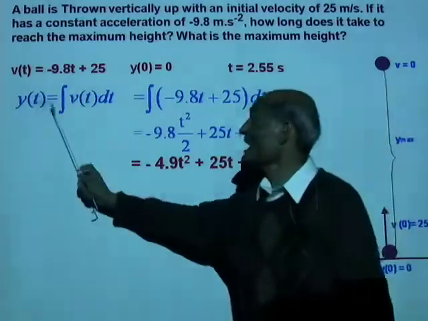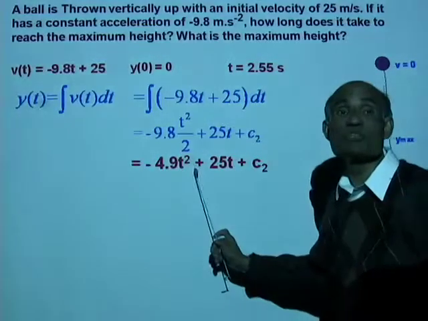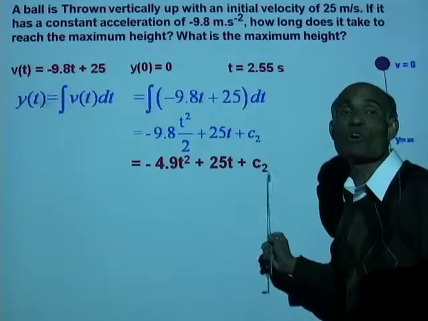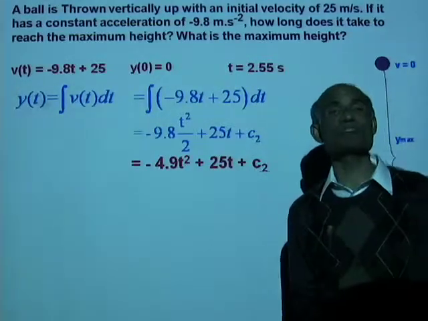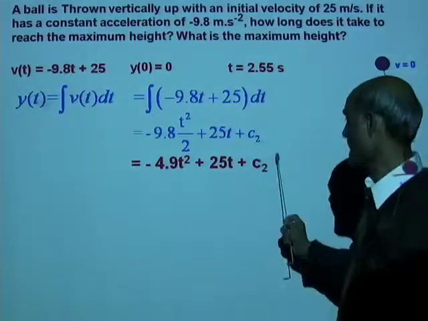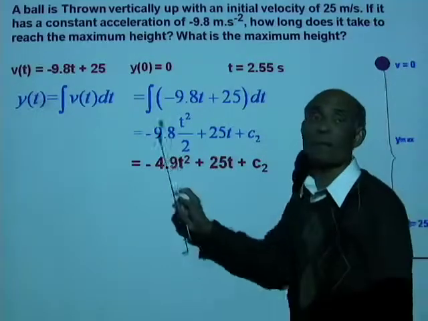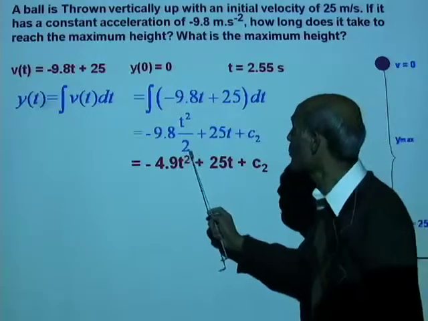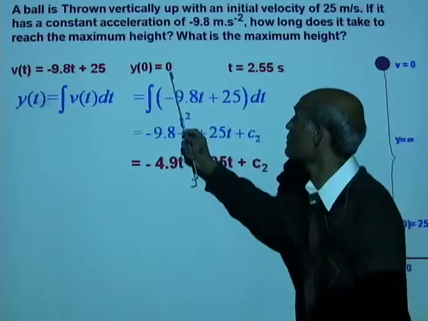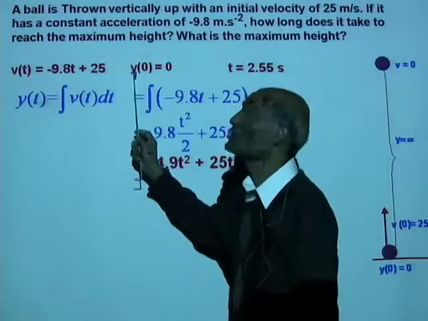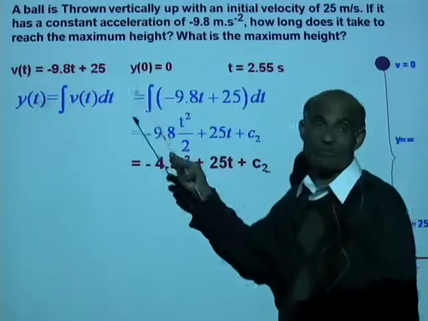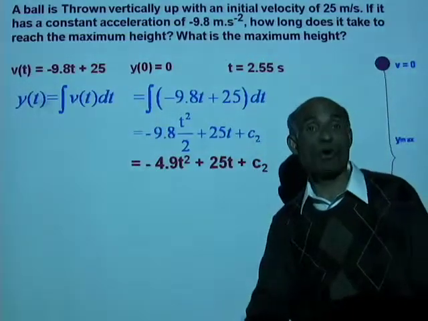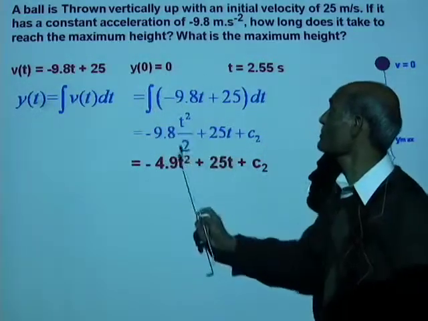Well, in order that this position function may be useful to us, we need to know what that constant value c is. Okay, so how do you do that? We can do that from this condition. We know that when t equal to 0, where is the ball? The ball is at the origin. So y0 equal to 0.